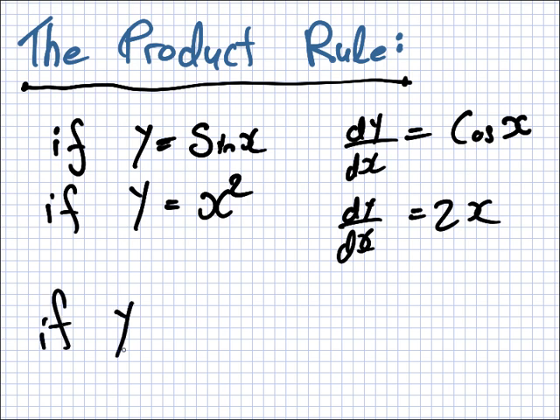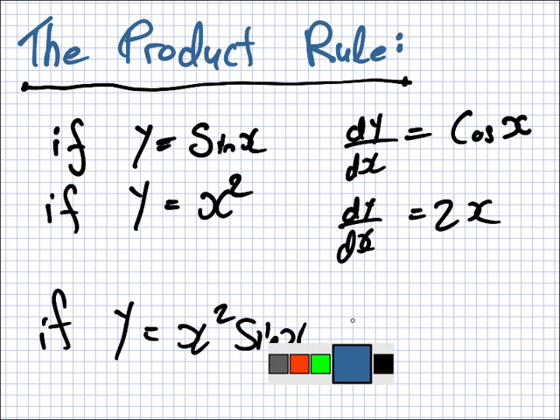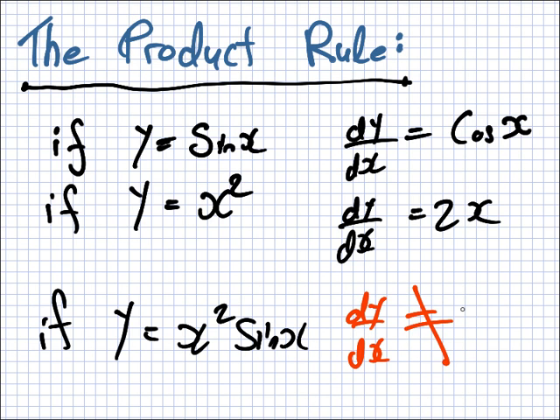If y equals x squared sine x, dy dx is not 2x cos x. Maybe it should be, but it's not.